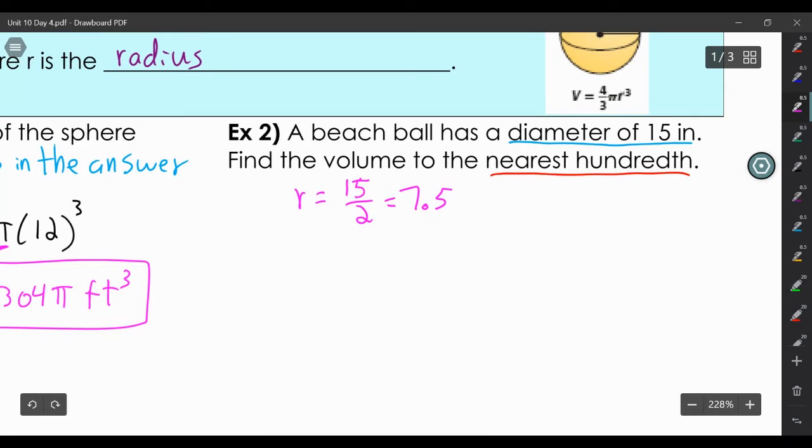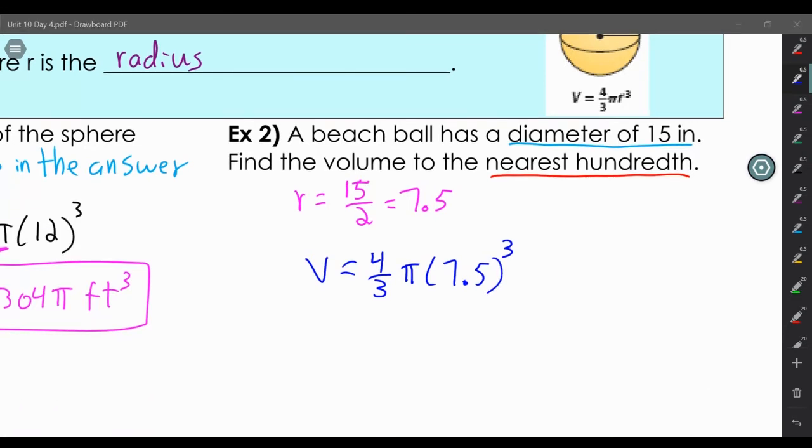So then we can say the volume is equal to 4/3 times pi times 7.5 to the third power. Since this wants us to get a decimal approximation, I would type this into the calculator just as you see it.